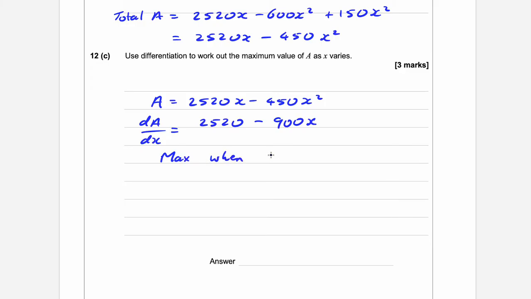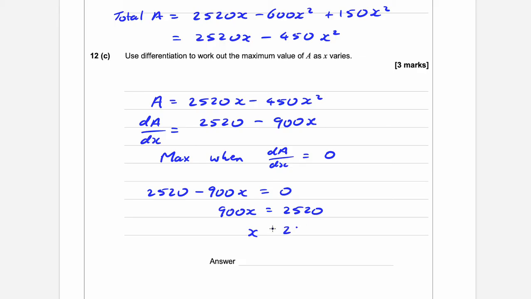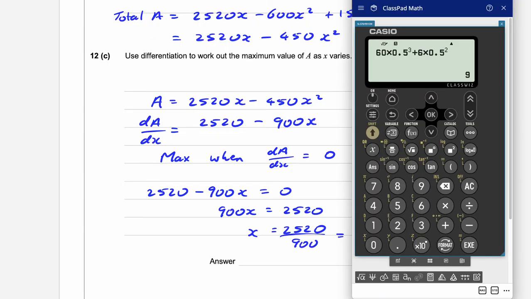Max when dA/dx equals 0. So 2520 minus 900x equals 0, so 900x equals 2520. 2520 divided by 900 is 14 over 5, or that's 2.8, guys.